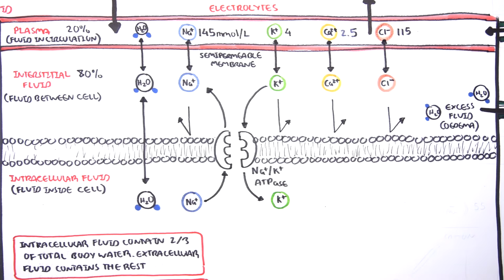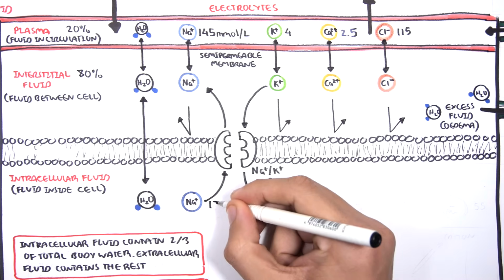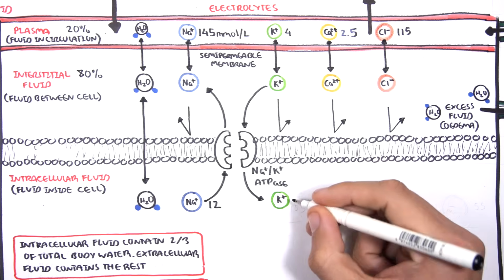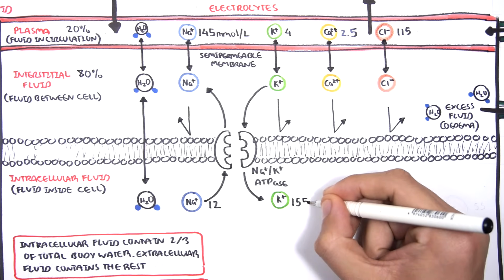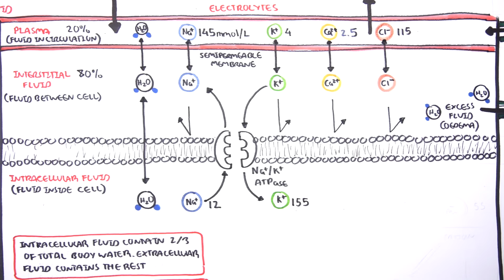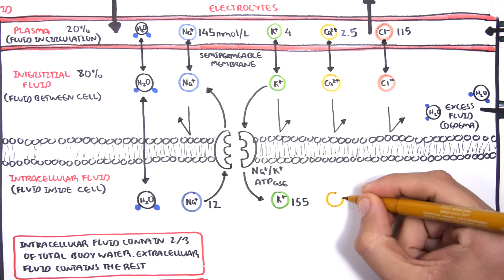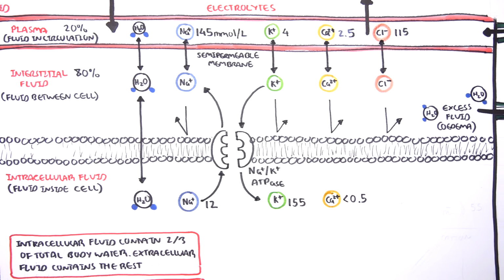This type of channel requires ATP. This sort of mechanism allows the different gradient of ions across the body compartments. Because inside your cell you have 12 millimoles per liter of sodium, and potassium you have 155 millimoles per liter. Intracellular calcium is less than 0.5 and chloride is 4.